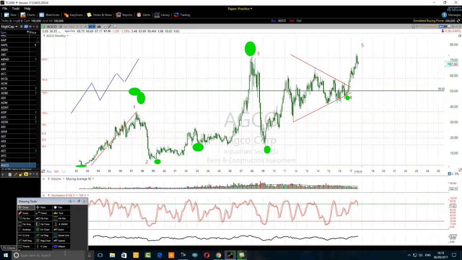We have the first buyers right here during the consolidation phase, buying first, they create the first wave, and then we have the second buyers here joining the first buyers, creating the third wave. That's why we have two groups buying during the third wave, and why usually we see the third wave extended. But there is another group who want to buy. Those groups will come somewhere here. So that's why the fourth wave should not overlap the first wave.